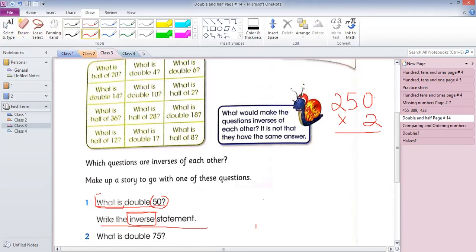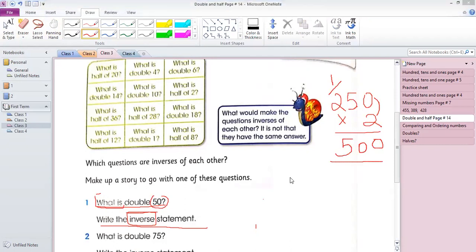So look, guys, 2 multiplied by 0, 0. 2 multiplied by 5, 10. 0 here, 1 you regroup. And then 2 multiplied by 2, 4. 4 plus 1, 5. So this is 500. Clear, guys? Yes, sir.